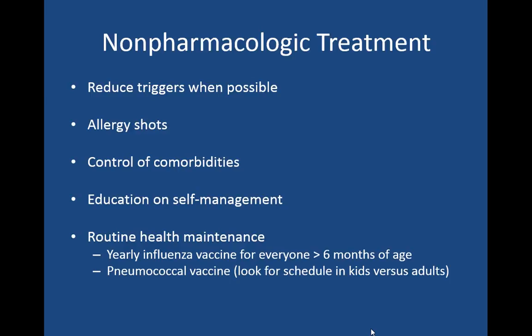And then don't forget your vaccines, your routine health maintenance. So flu vaccines for everyone over 6 months of age. And then for your pneumococcal vaccine, you really have to pay attention to the scheduling for kids versus adults because that will change almost yearly sometimes by the CDC on who qualifies for those vaccinations.